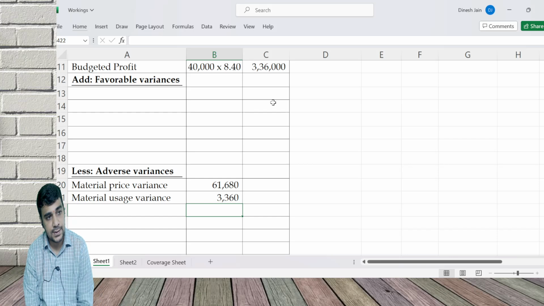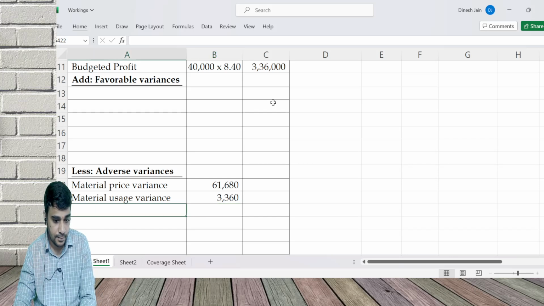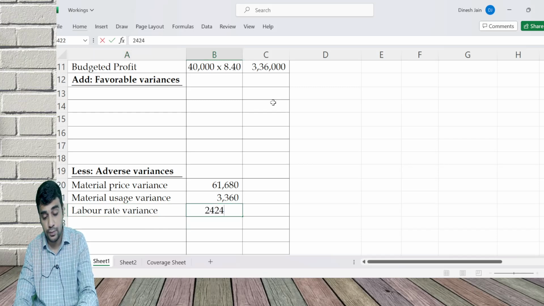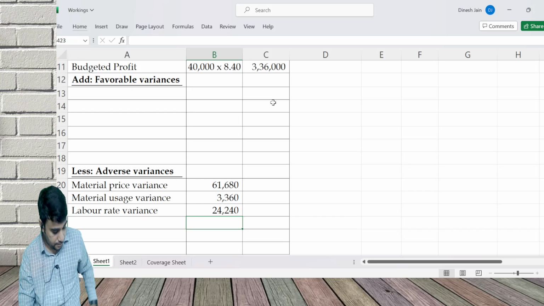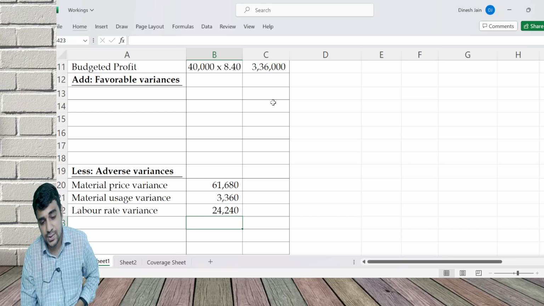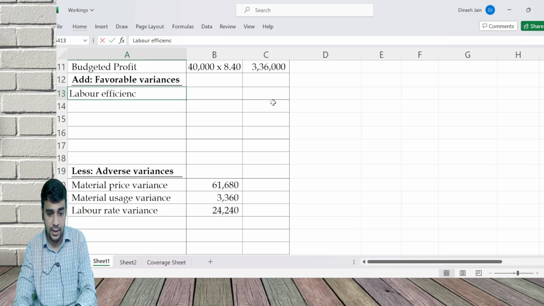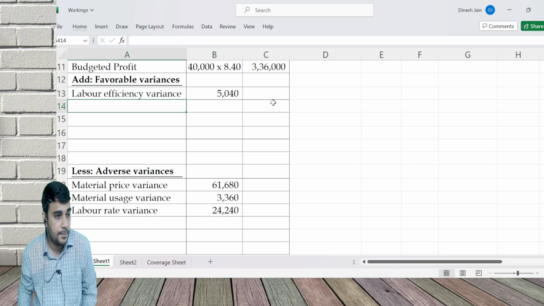Labor rate variance, adverse, 2,440. Labor efficiency variance, 5,040 favorable.